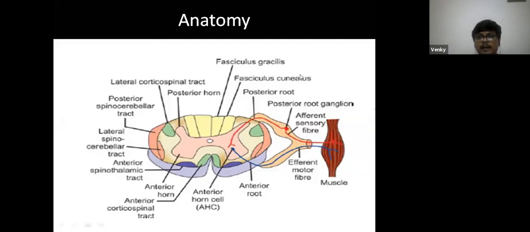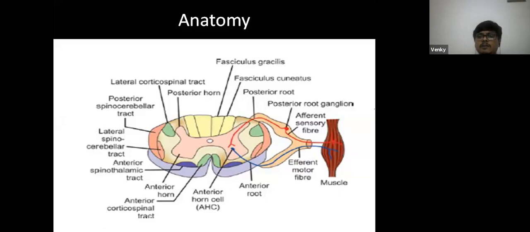Why I added this diagram: this diagram shows a sensory afferent and a motor efferent, which is classical for a monosynaptic reflex. This is the synapse. Examples of monosynaptic reflexes are the stretch reflex, deep tendon reflexes.